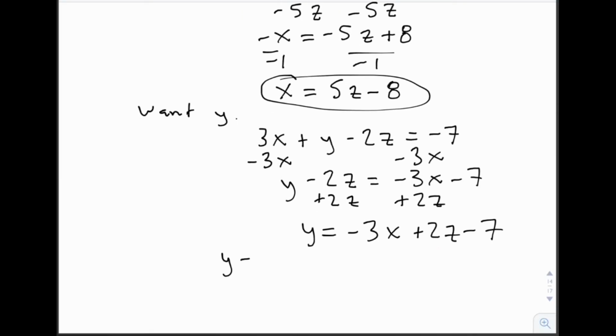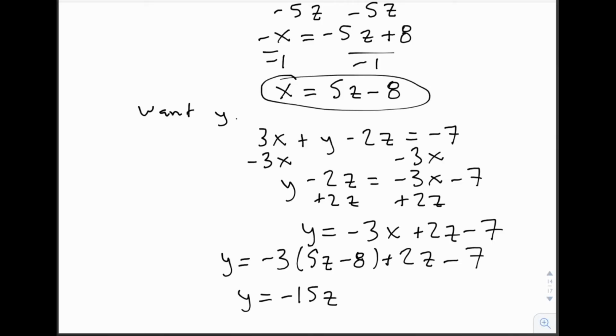So y is now going to be equal to a negative 3. Substitute that x in, so 5z minus 8 plus a 2z and finally minus a 7. Let's go ahead and simplify this. Y is equal to a negative 15z plus a 24 plus a 2z, and then finally minus a 7.